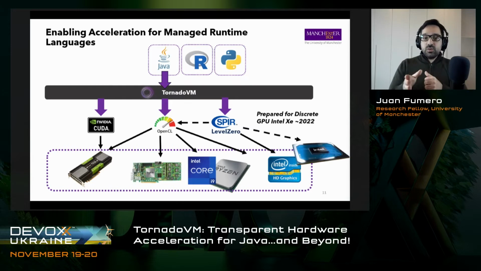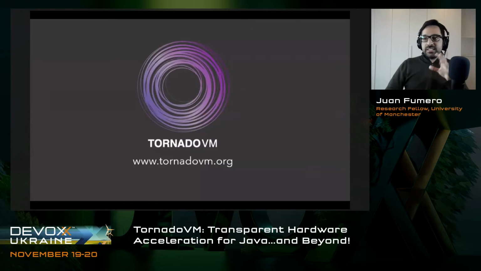One thing, the new one that we developed, SPIR-V, I will explain more details in a bit. It can be used for future generations of processors. For example, the upcoming Intel dedicated GPU. We don't have it now, the hardware isn't available, but we hope we can run there because it runs over the SPIR-V and Level Zero stack.